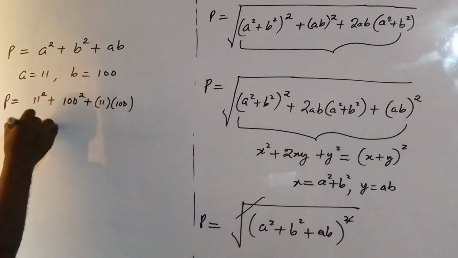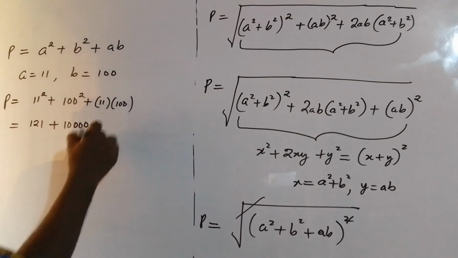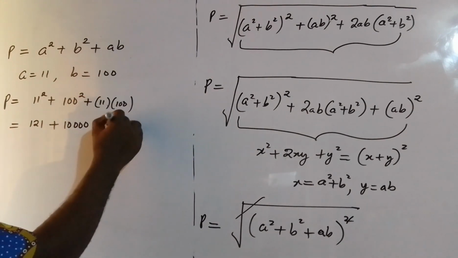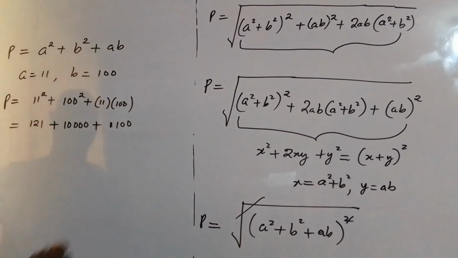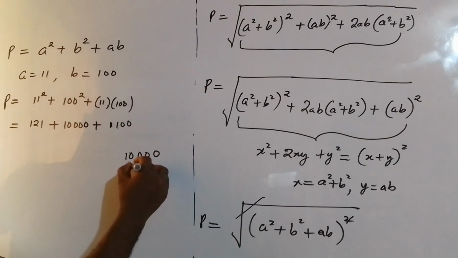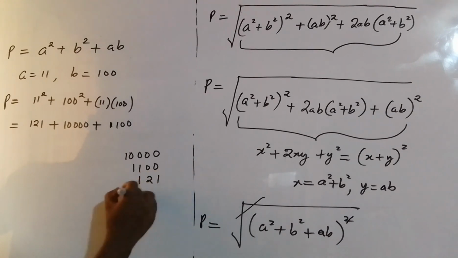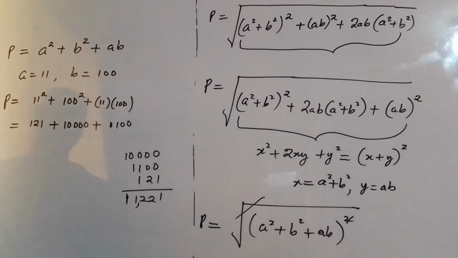So this is 121 plus 10,000 plus 1,100. So let's add all of this together. We have 10,000 plus 1,100 plus 121. So that will be 11,221.